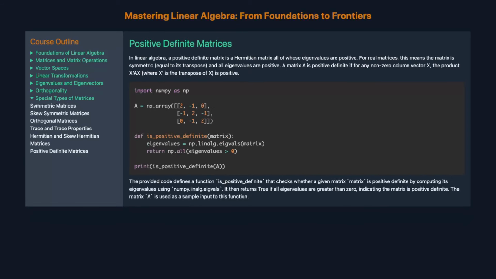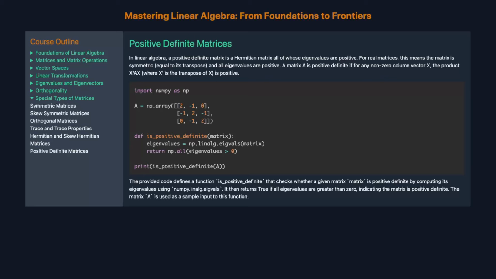Positive definite matrices. In linear algebra, a positive definite matrix is a Hermitian matrix all of whose eigenvalues are positive. For real matrices, this means the matrix is symmetric, equal to its transpose, and all eigenvalues are positive. A matrix A is positive definite if for any non-zero column vector x, the product x^T A x, where x^T is the transpose of x, is positive.